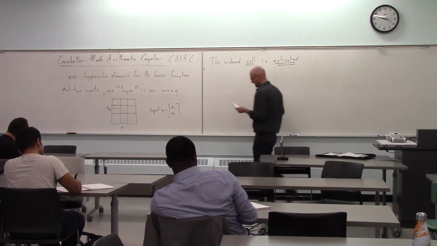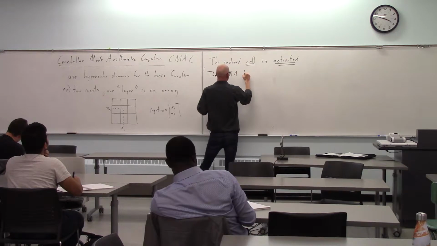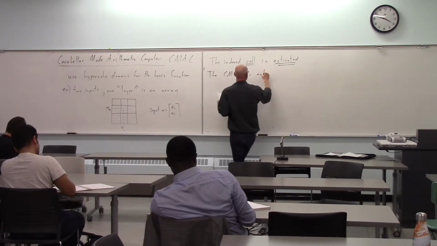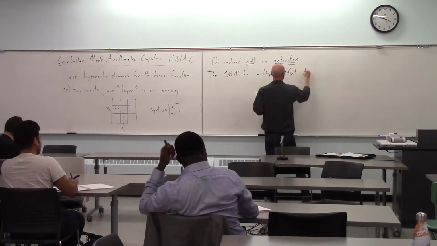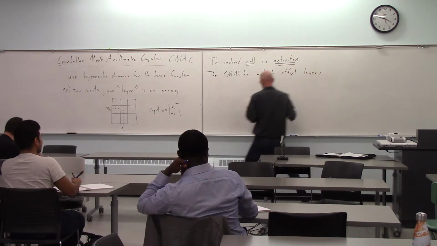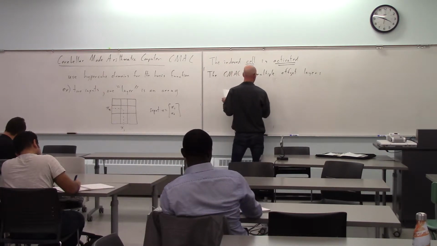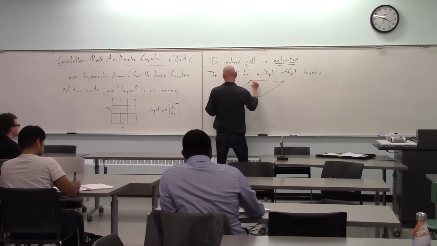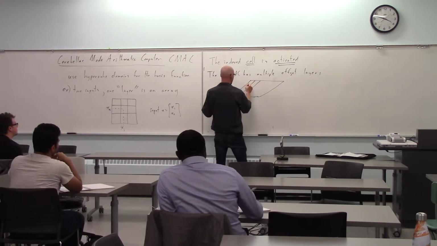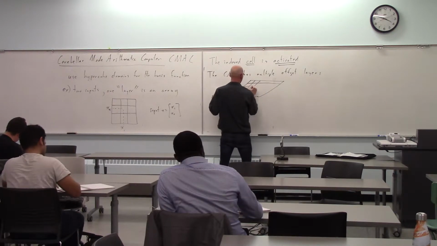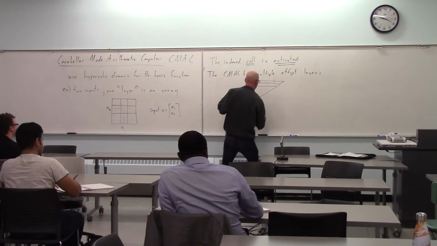Okay? And CMAC has multiple offset layers. It's maybe a bit tricky to draw, but I'll exaggerate how it works in the drawing. We'll make some exaggerated offsets for these cells. Maybe it'll be obvious what I'm trying to convey.